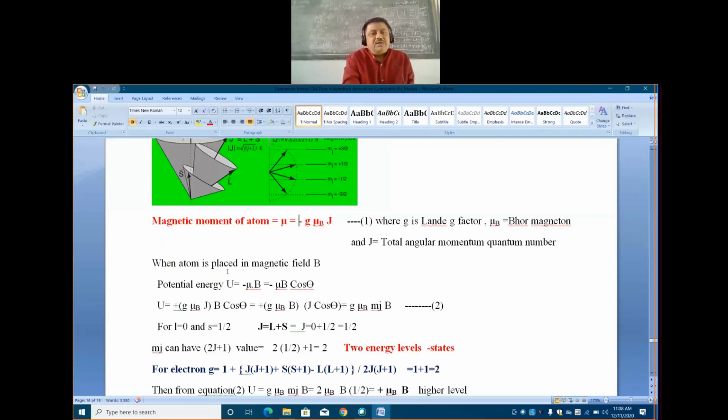When atom is placed in magnetic field, it will acquire energy, that is work is done. That work done or potential energy is equal to minus mu dot B. This is what we have used in our earlier derivation also. So this minus mu dot B is minus mu B cos theta, and mu is minus G mu B J, therefore minus of minus, it becomes plus.